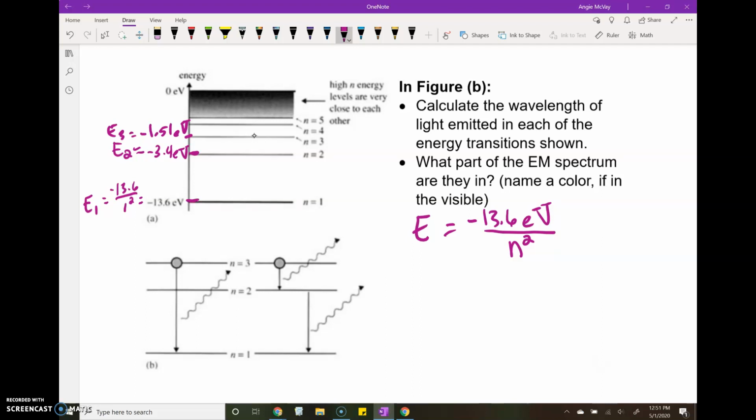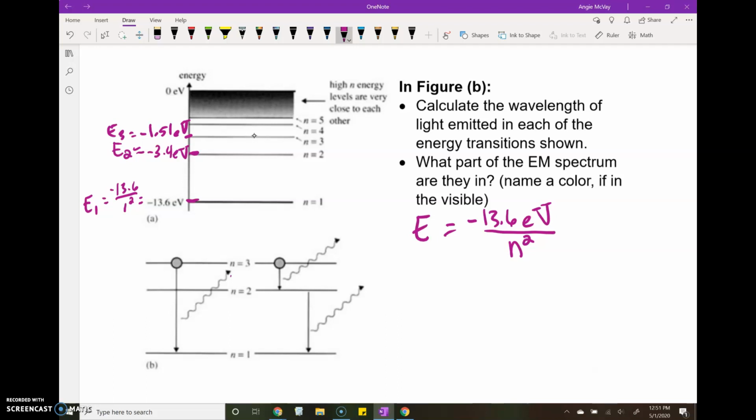All right, and what I'm going to ask you to do is take a look at the 3 transitions I've got here. So an electron going from n equals 3 down to n equals 1, right? It'll be losing energy, and that energy will be emitted in the form of light.